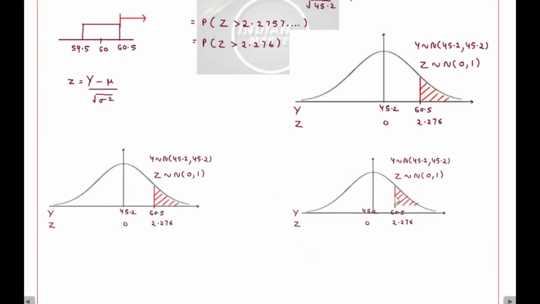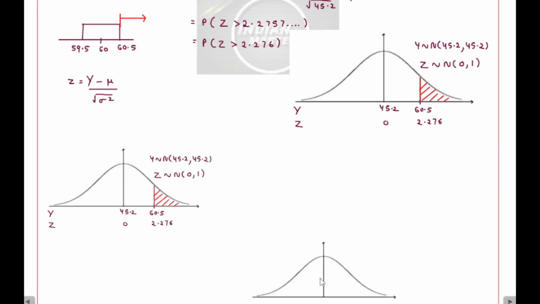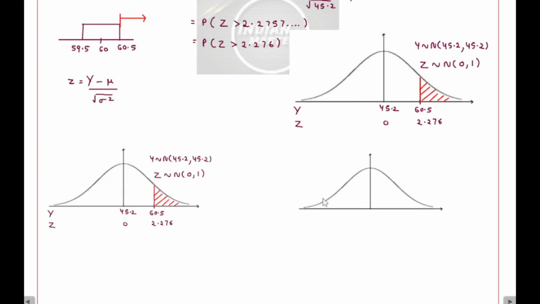Let me remove all these values here. So the same thing can I say is equal to 1 minus this particular section, this area.